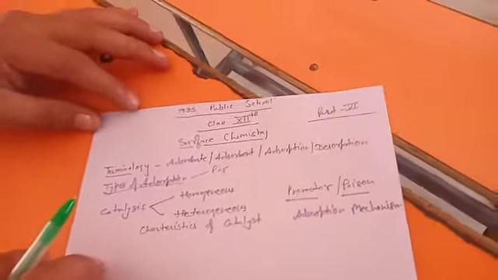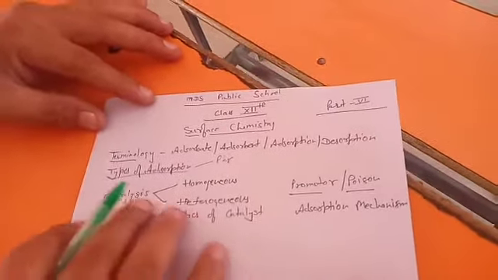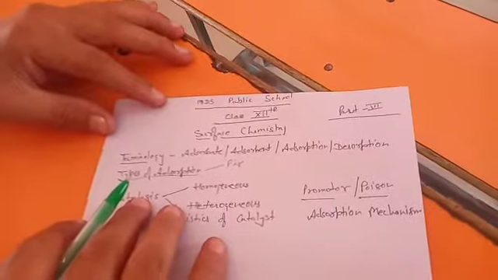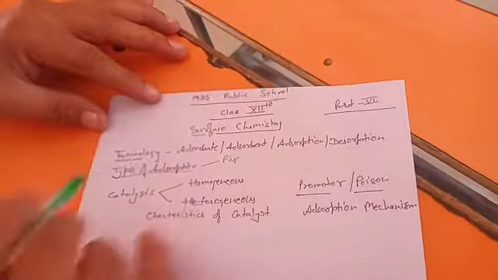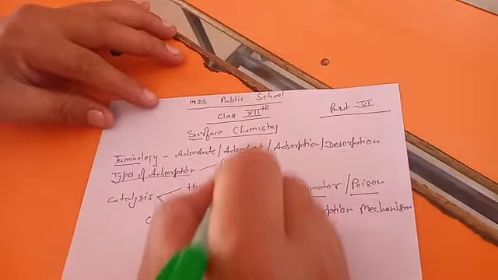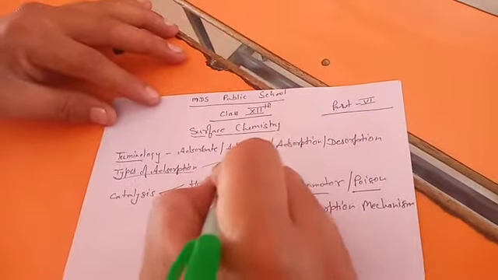Okay, dear students, in the previous lecture we studied in surface chemistry the following topics: terminology like adsorbate, adsorbent, adsorption, types of adsorption, physical, chemical.